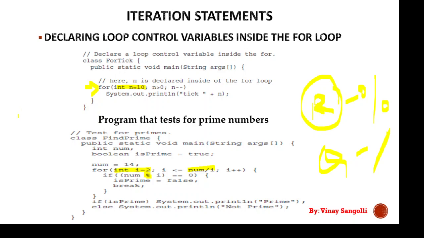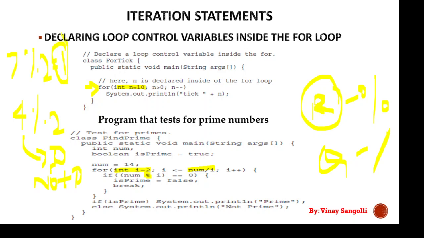Say for example, if I have 4, and if 4 is divided by 2, that is, instead of divide I use mod here, the percentage sign, then the answer I will get is 0. So this tells us that it is not prime. Similarly, if I have 7, then 7 mod 2, the answer I will get is 1.